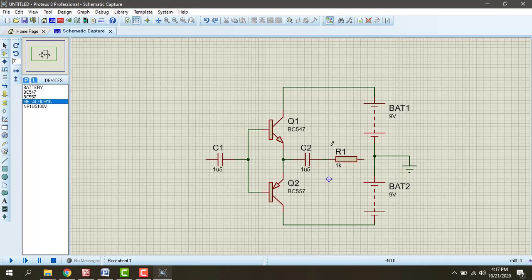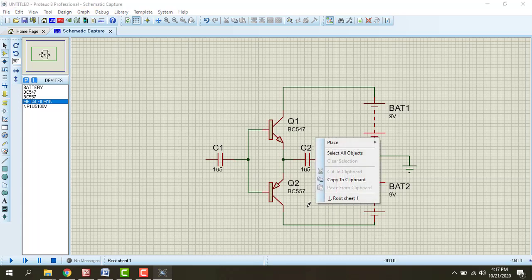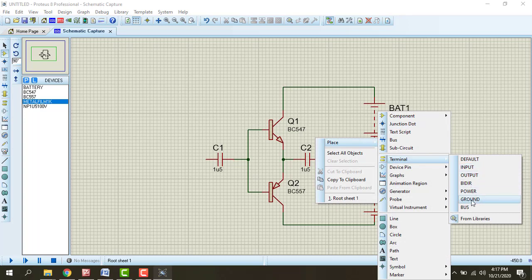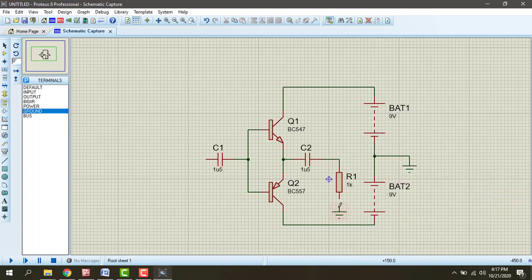So this is going to be connected to ground. Place terminal and ground. So it looks like a circuit diagram.